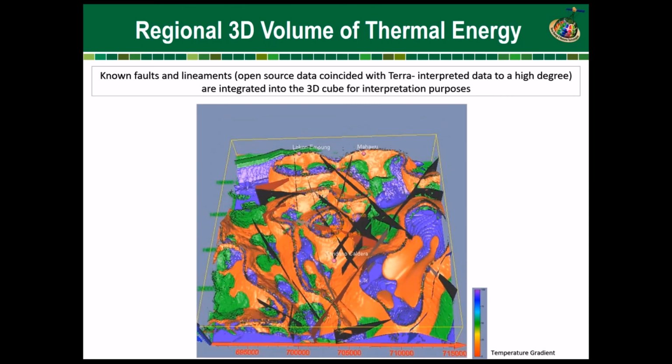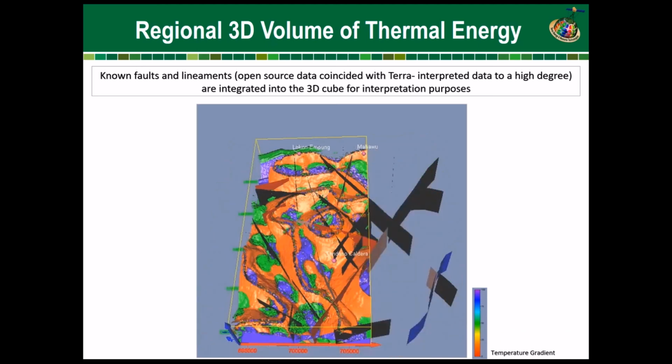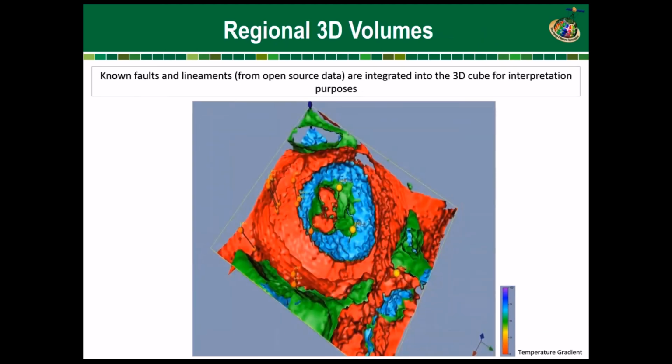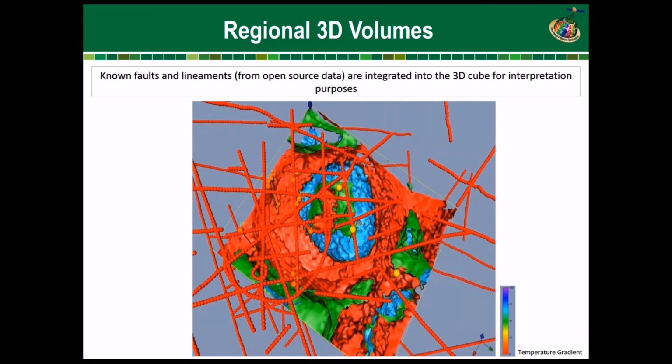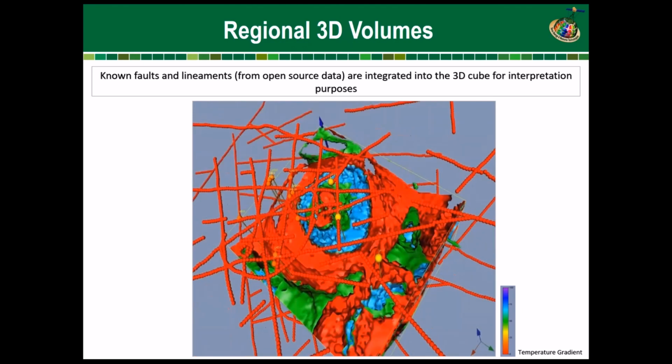We were very pleased to say that the locations of faults and lineaments that were delineated utilizing the STEP technology and our interpreters very well correlated actually with the lineaments and faults from the open source data. All of these lineaments and faults are integrated into the 3D cube for interpretation purposes.